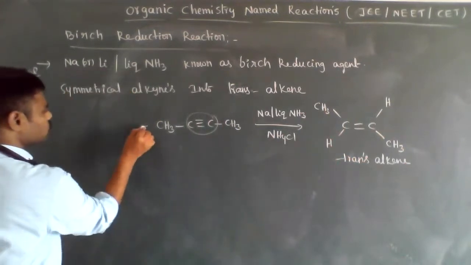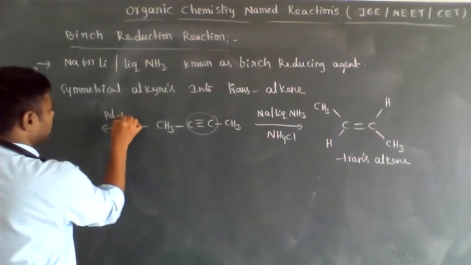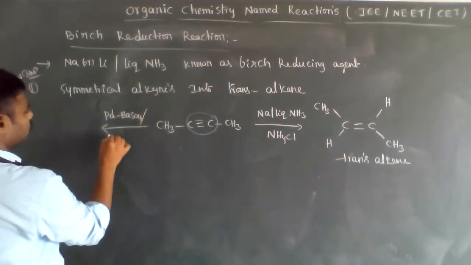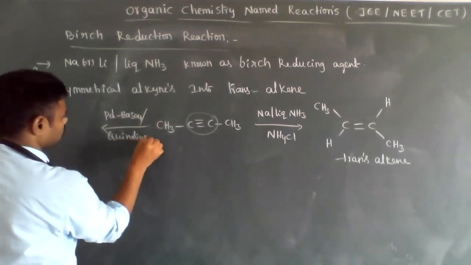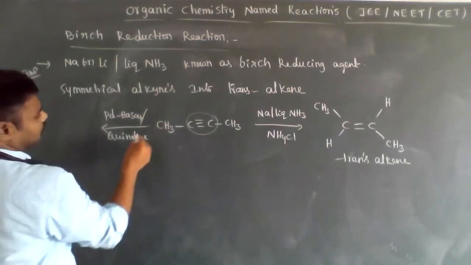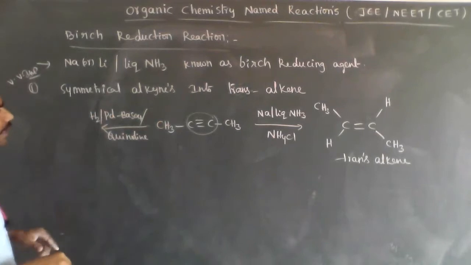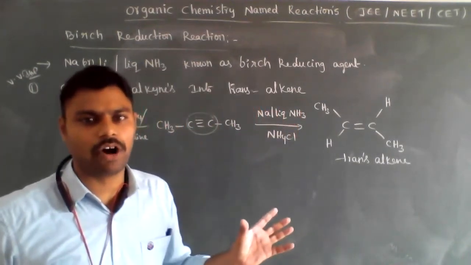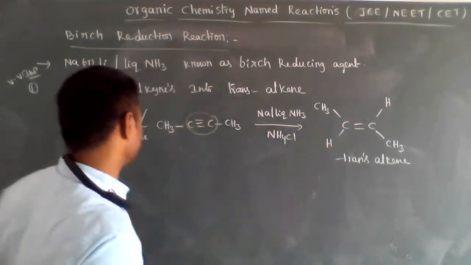Instead of this, if we want cis, we use palladium barium sulfate with quinoline, the Lindlar catalyst. It reduces the triple bond into a double bond, and the two hydrogen atoms add on the same side.